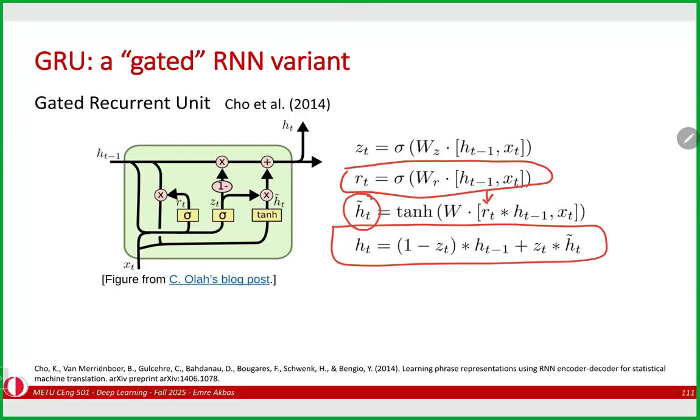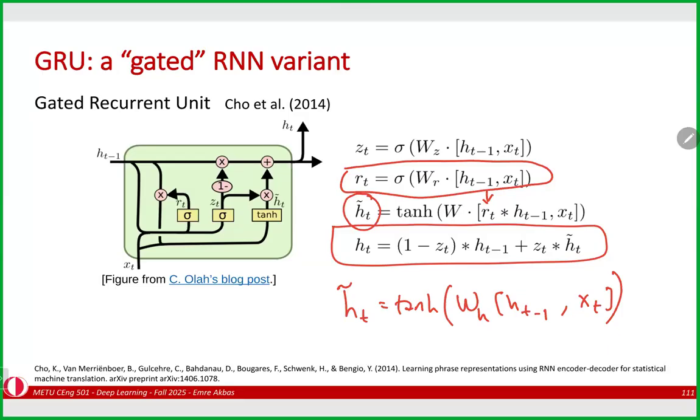I think this is a design choice. You can design a GRU where h tilde is just tanh of another matrix W with h_{t-1} and x_t. This is also possible. r_t is just adding more parameters. Yeah, so this is also possible.